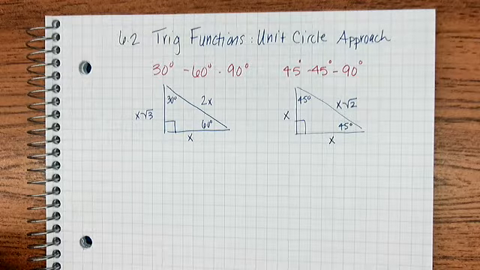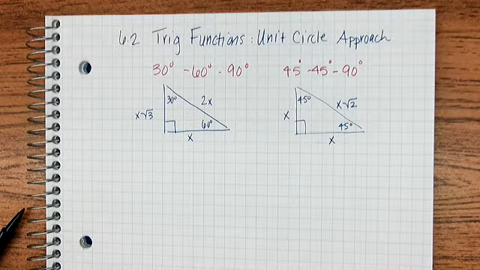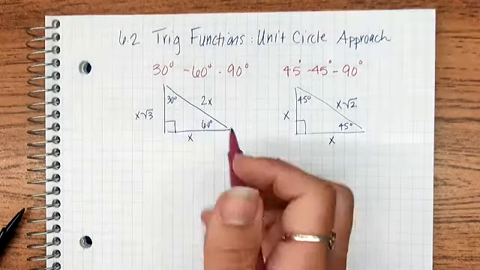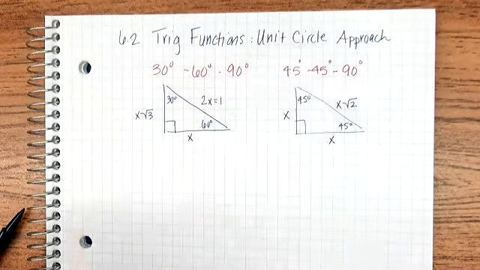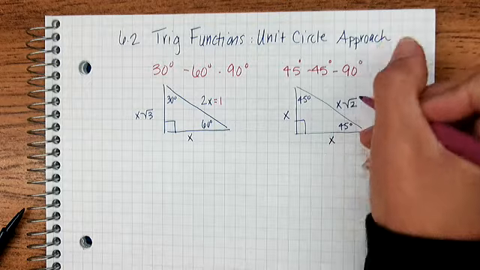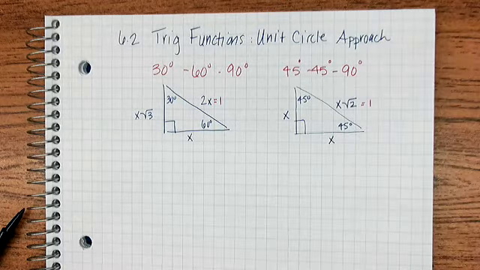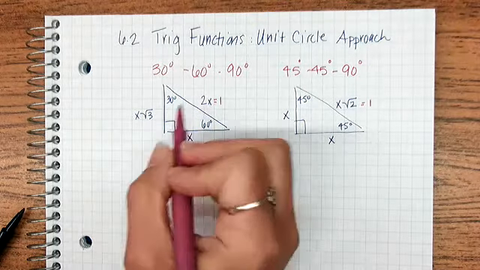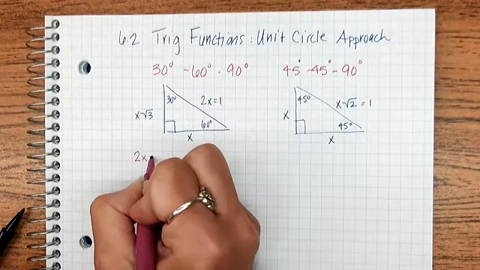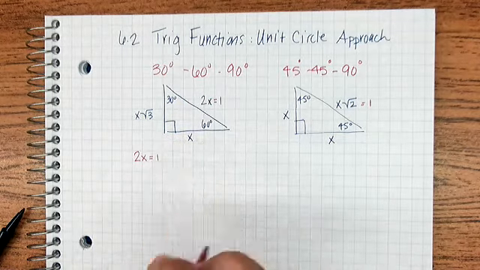Okay, if I tell you that the hypotenuse is 1, and I'm going to do that for both triangles, you can solve for x. So if the hypotenuse is 1, that means that 2x equals 1 in the 30, 60.